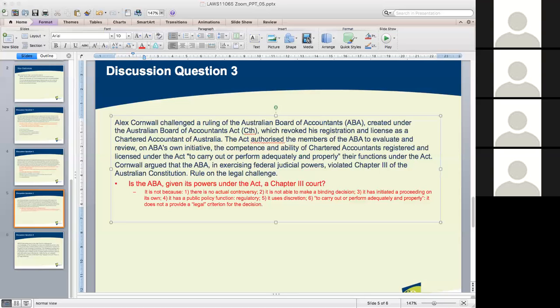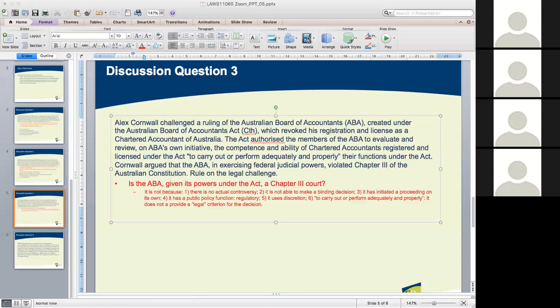What then? Would it be invalid? Go on. Why? Because it'd be unconstitutional, unless they were created as a Chapter 3 court. Because only a Chapter 3 court can make a binding decision, and they're not a court.